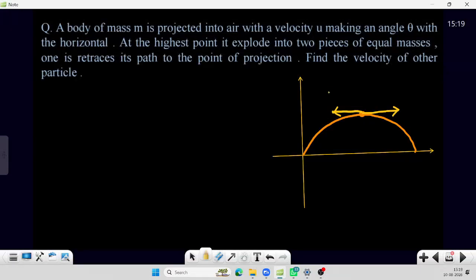Let us say this mass is m by 2 and this mass is also m by 2. One particle retraces its path to the point of projection only. That means this particle reaches again to here. Then they ask us to find what this velocity will be.